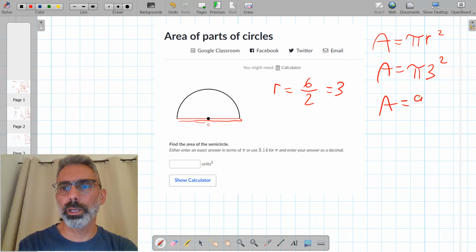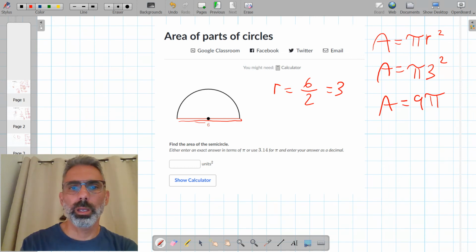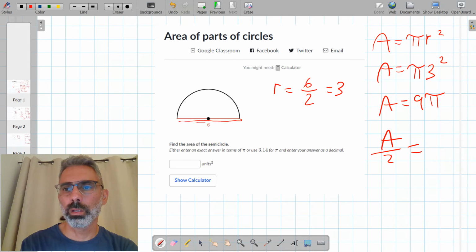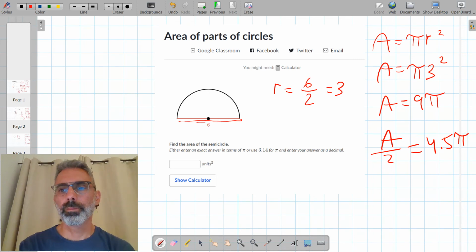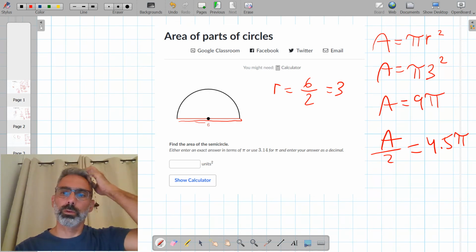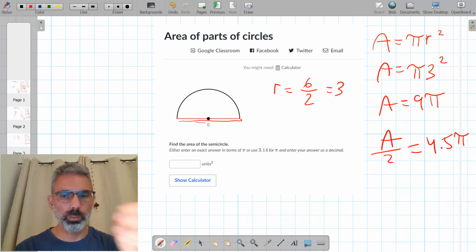So the entire area is 9 pi. And we need a semicircle. We need to divide this by 2. So the area of the semicircle is 4.5 pi units squared.